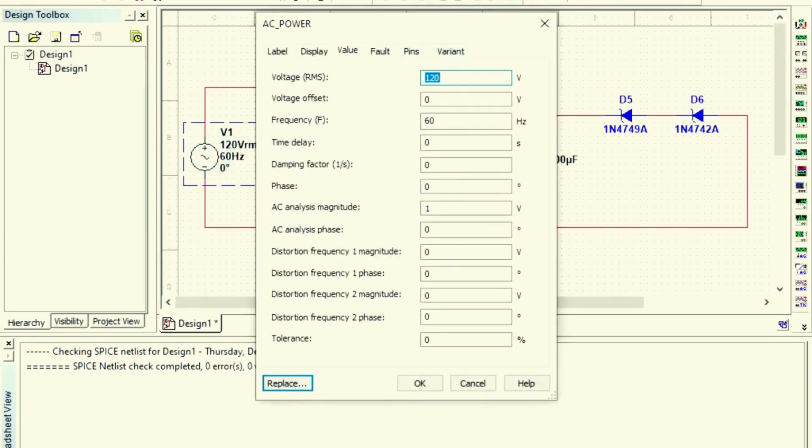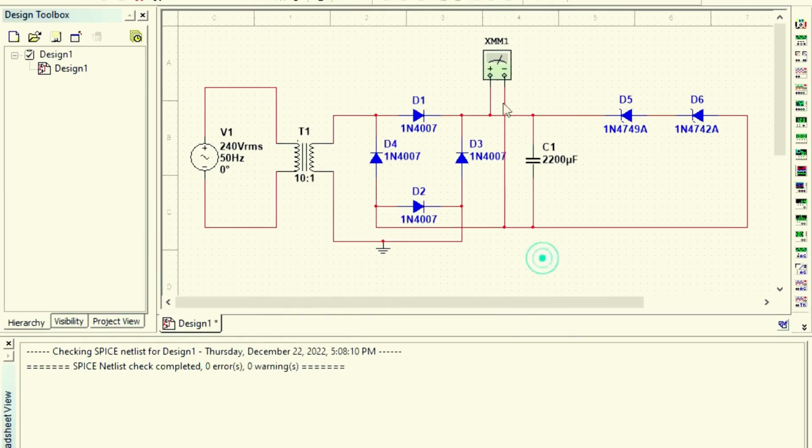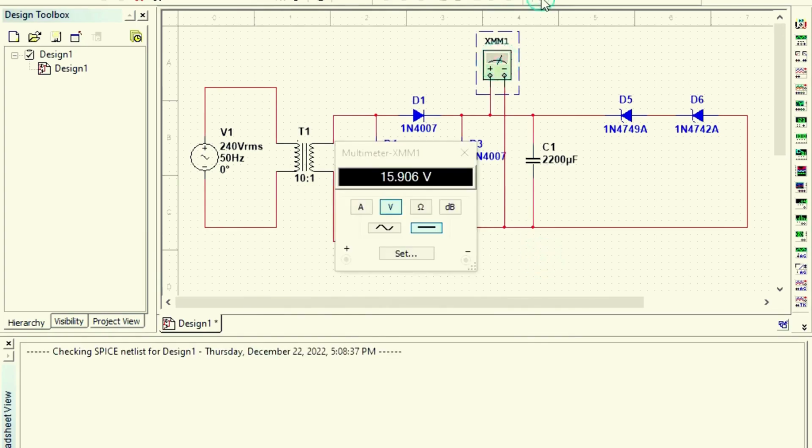the AC input power of the circuit is 120 volts. We need to change it to 240 volts to get the correct output. Fortunately, we got the required output.